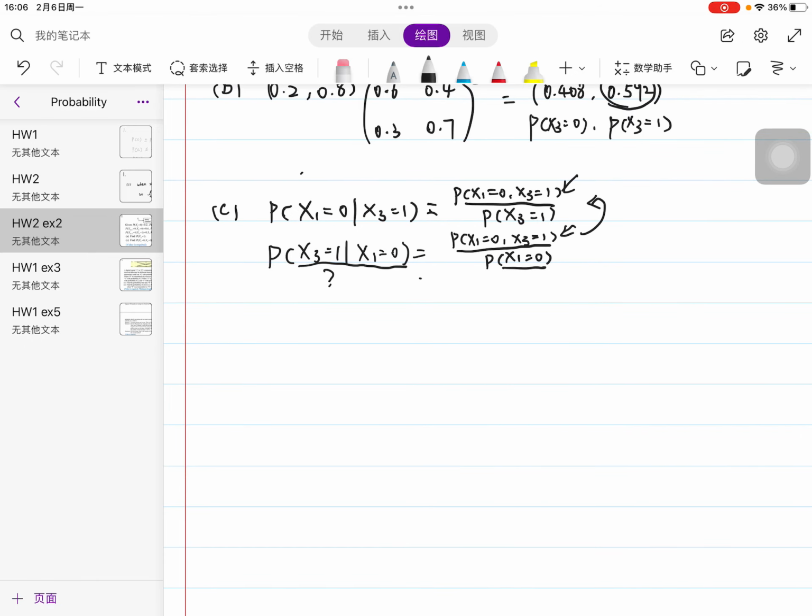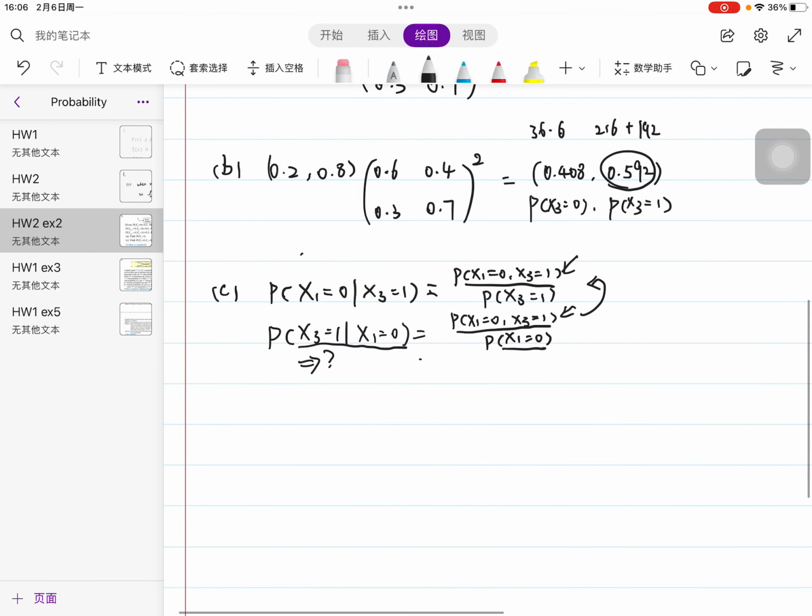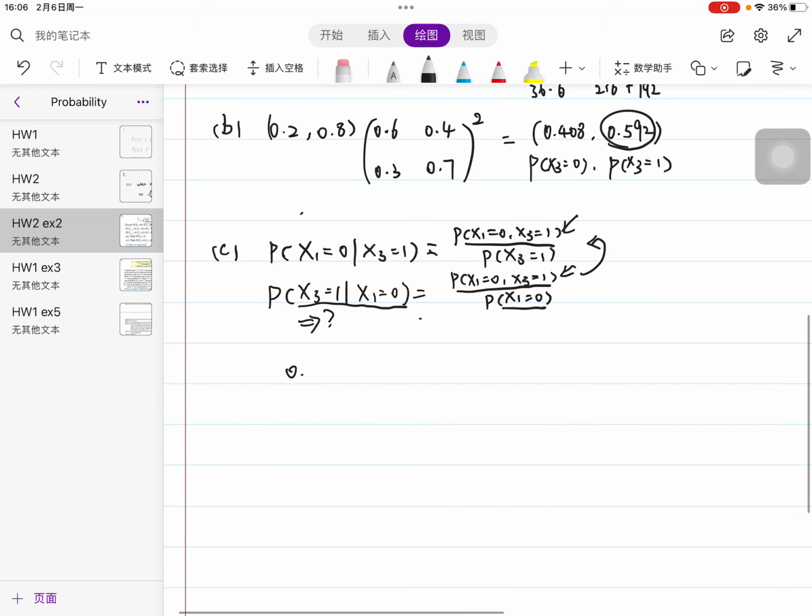And so how can we get this? From the transfer matrix with the power of 2. So we could get this upper right item from this matrix.